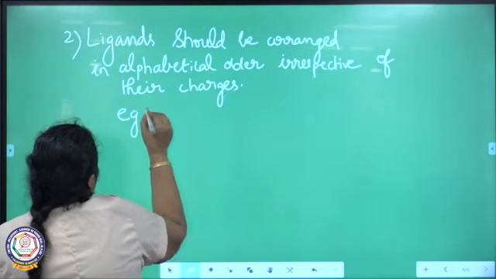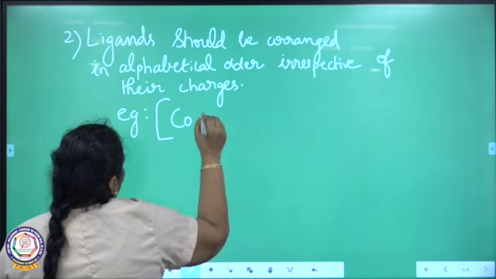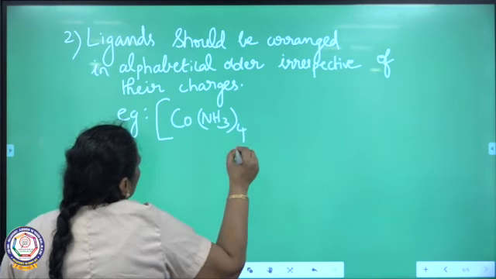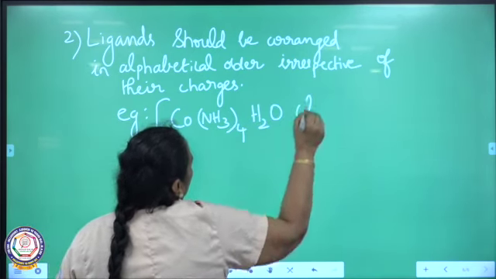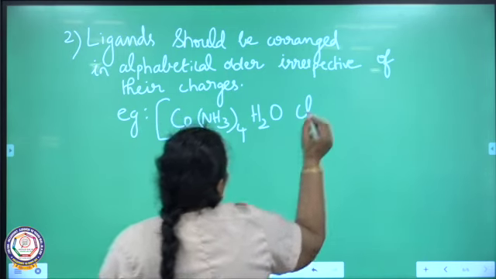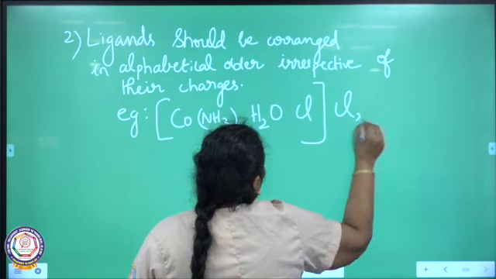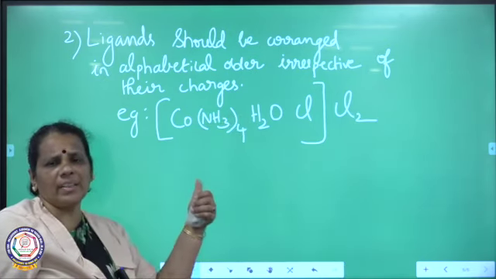Example, a complex is coming like this. Inside the square bracket, cobalt is the central metal ion.